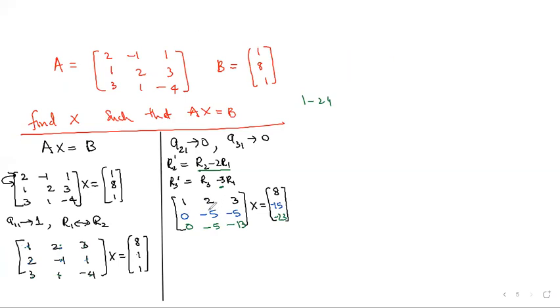Now you have to make this minus 5 into 1. So what is the best method? Divide by minus 5. Correct. Very good. A22 should be made 1.